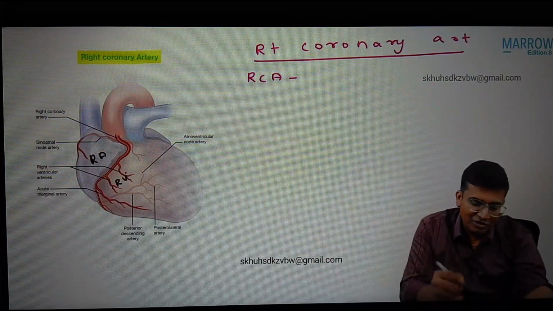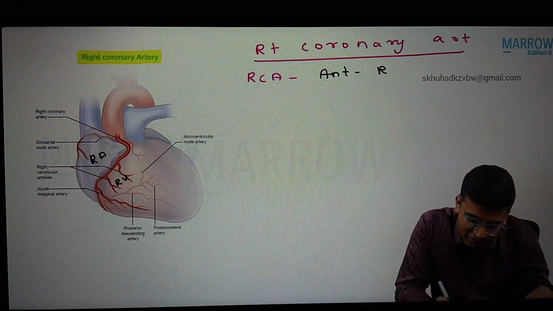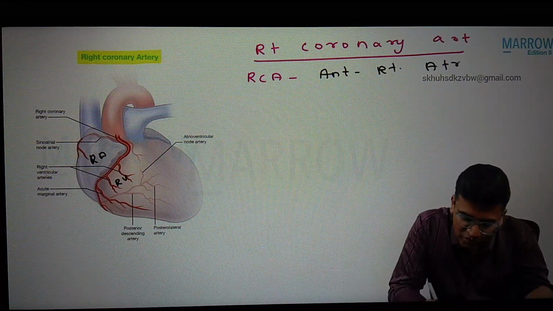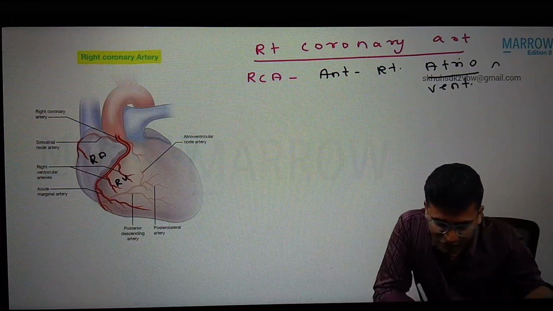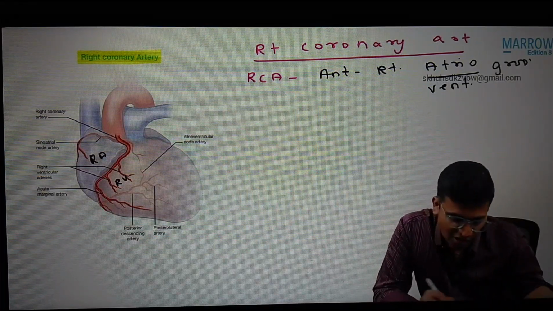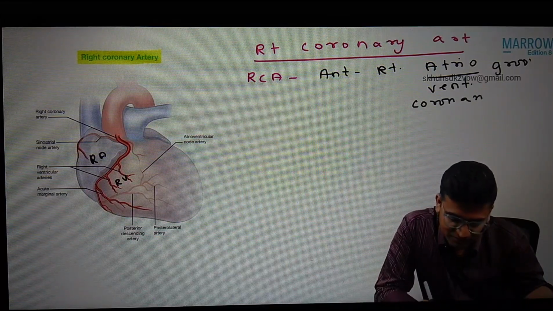Very good. Now the right coronary artery passes in the anterior part of the right atrioventricular groove, or the anterior part of the right coronary sulcus.